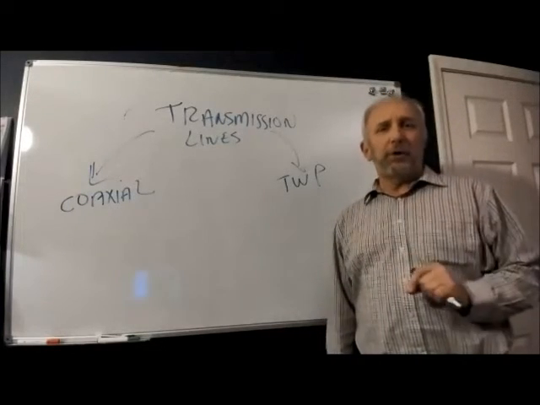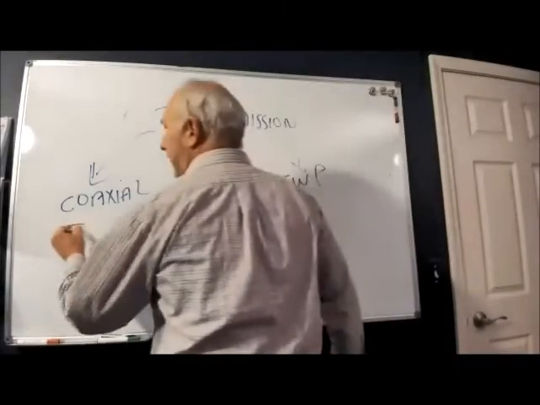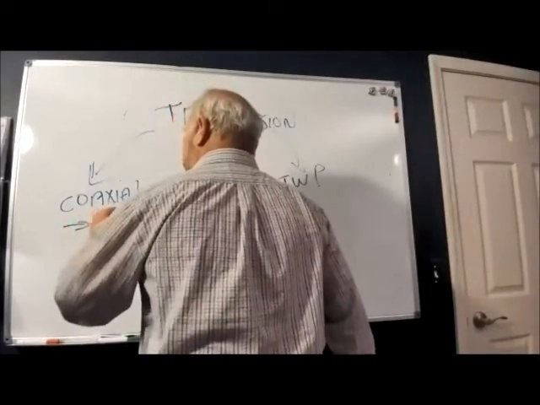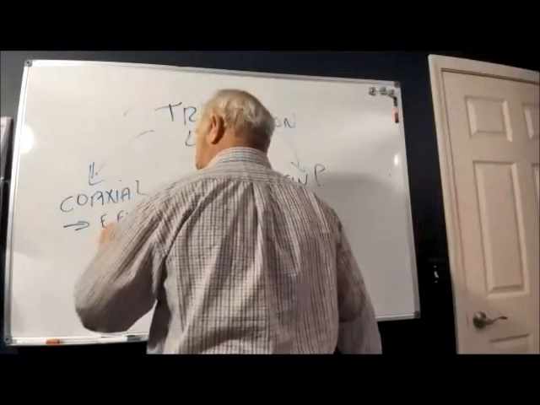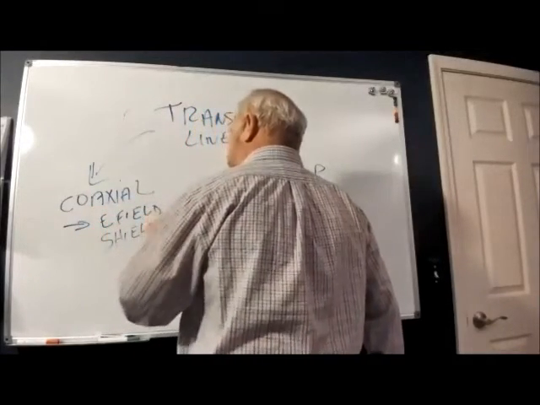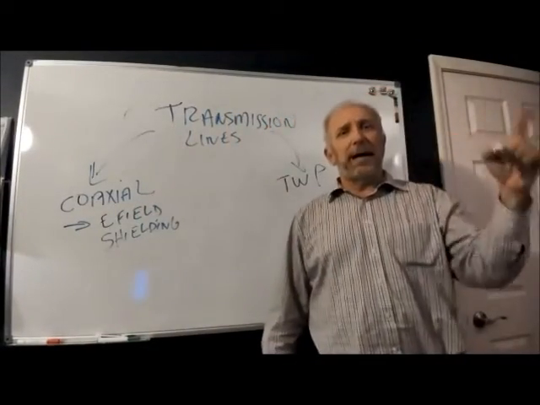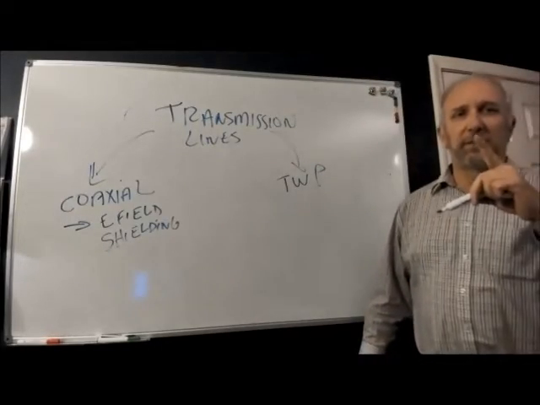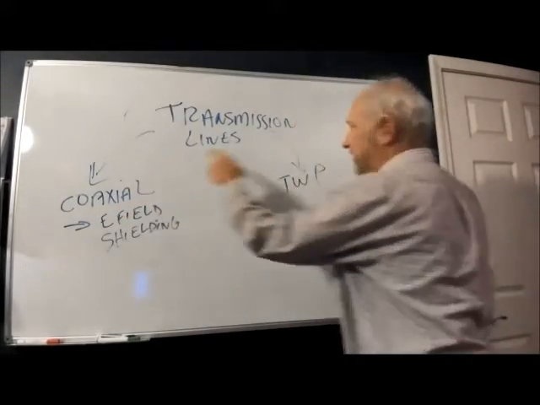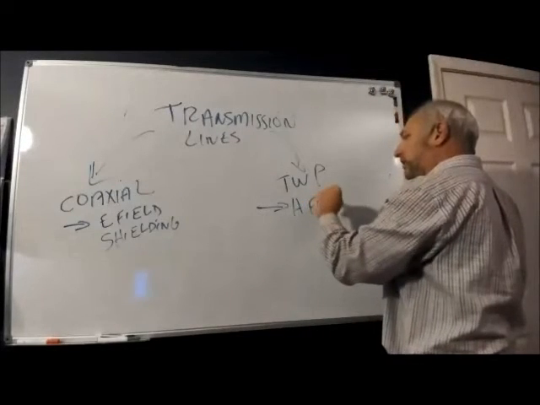Coaxial provides electric field shielding. And remember the way the world works: happy, sad, good, bad, day, night, electric, magnetic. Twisted pair provides H field shielding.